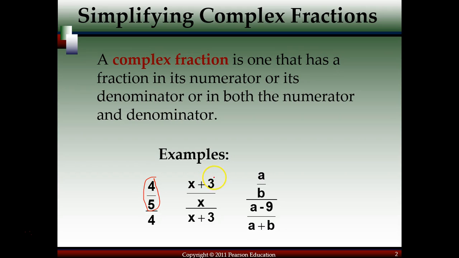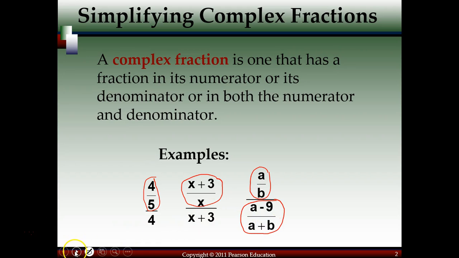It can look like this: there's a one in the numerator and just a single thing in the denominator. But here we have a complex fraction that has a fraction in the numerator and in the denominator, so we have two numerators and two denominators.